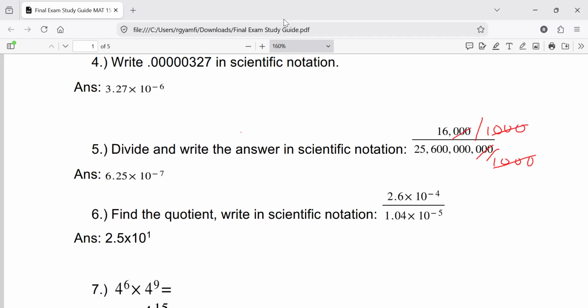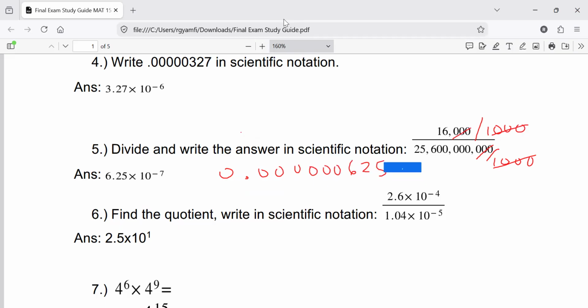There are so many ways to do this problem, but I think the fastest way is just to divide the two numbers and then get the point 0.00000000625 and then change that to scientific notation. So if we decide to do that, we got 0.0000625.